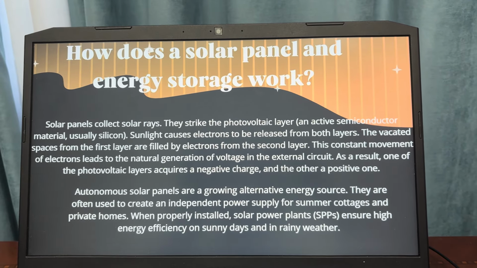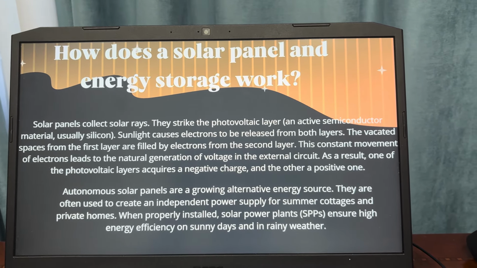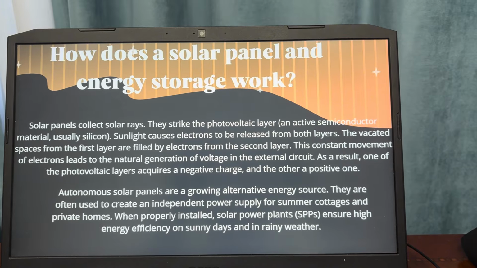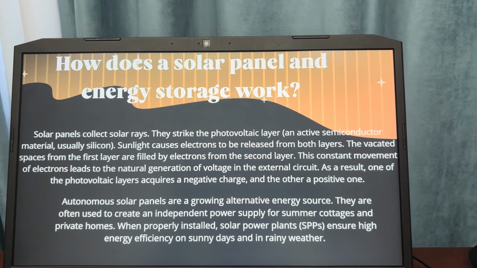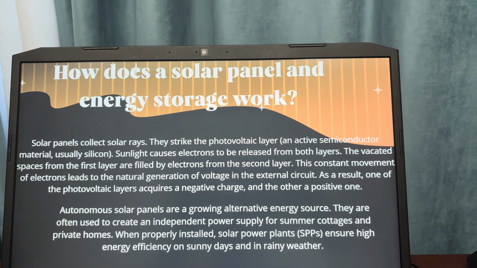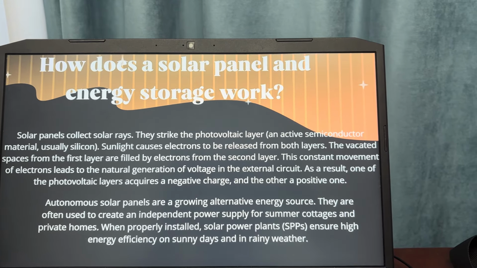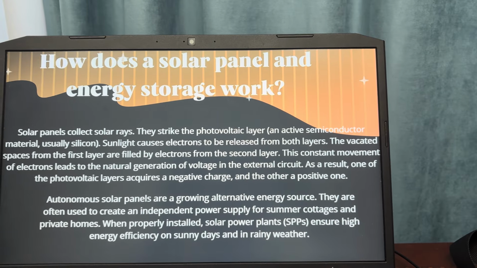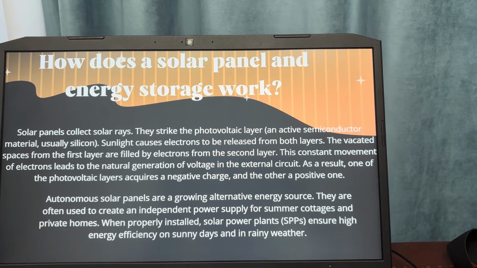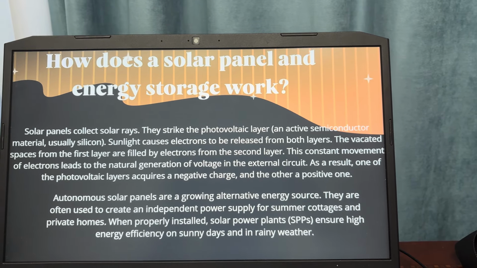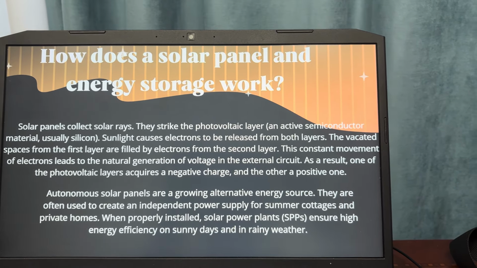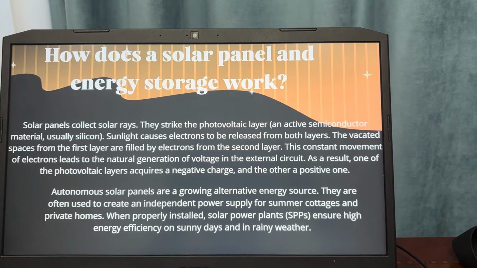The vacated spaces in the first layer are filled by electrons from the second layer. This constant movement of electrons leads to the generation of voltage in the external circuit. As a result, one of the photovoltaic layers acquires a negative charge and the other a positive one.